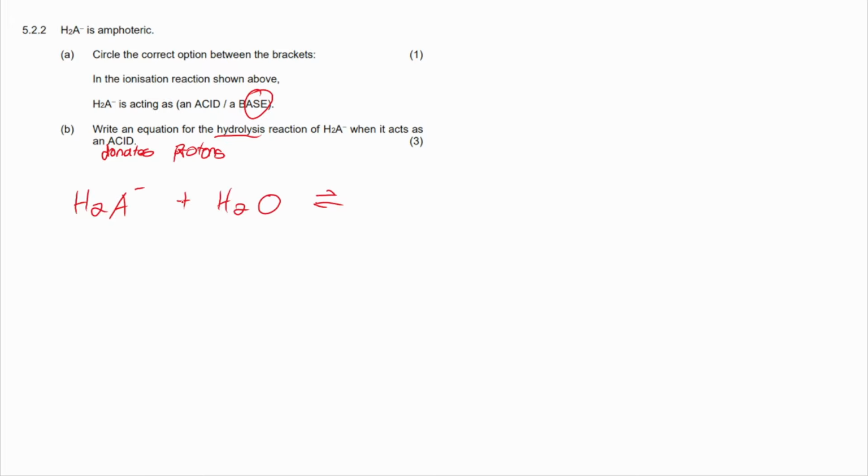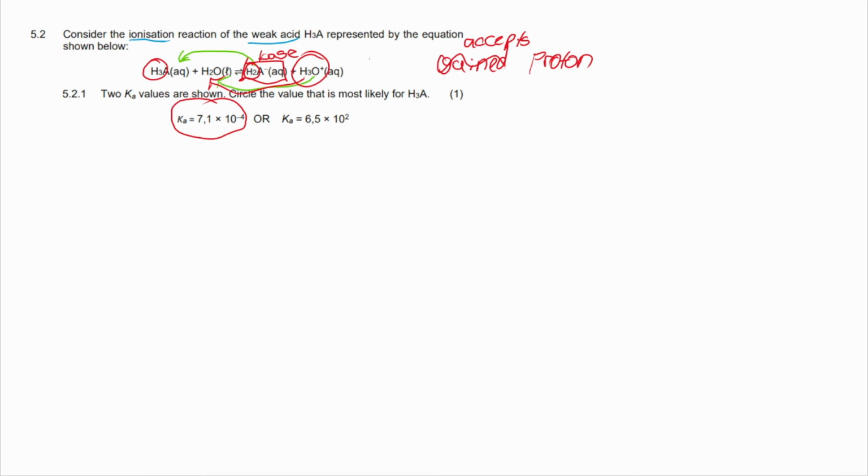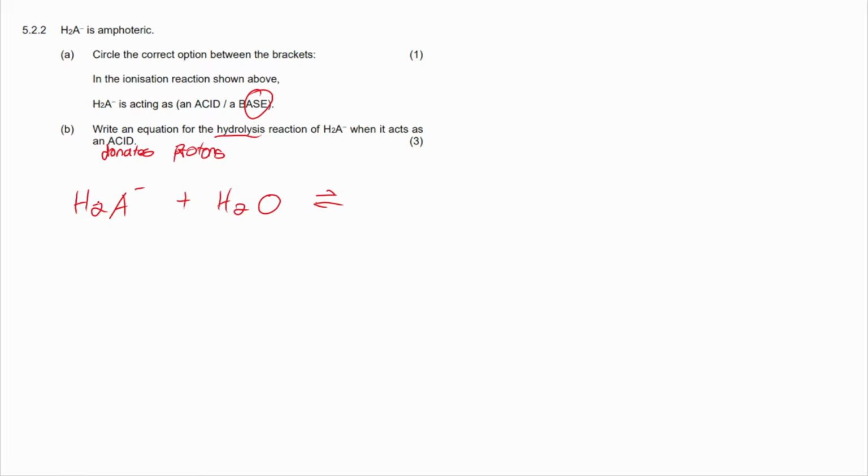So it's going to be very similar to this reaction up here, where we had H3A and then over here H2A, because it has donated a proton. That proton went over here. But the main point is it went from 3 to 2. So here it's going to go from 2 to 1. So now it's just going to be HA, but very careful, it's 2-, because we're losing a proton, so our charge is becoming more negative.